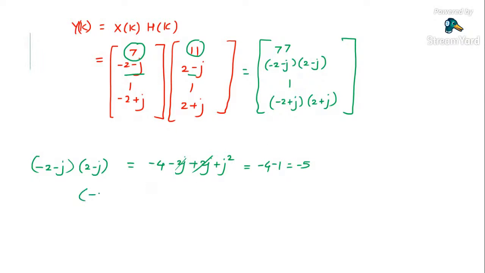Then go for (-2+j) times (2+j): -4-2j+2j+j squared. These cancel, giving -4, and j squared is -1, so -5.